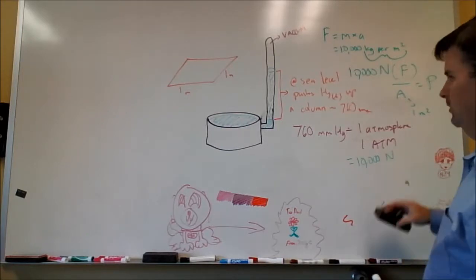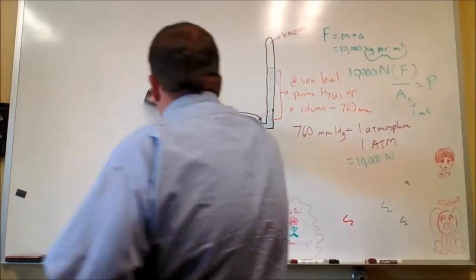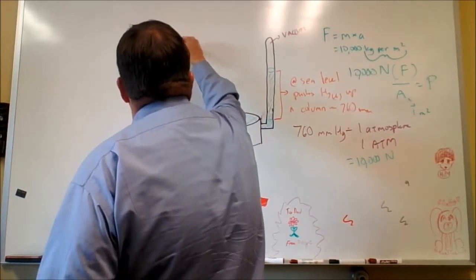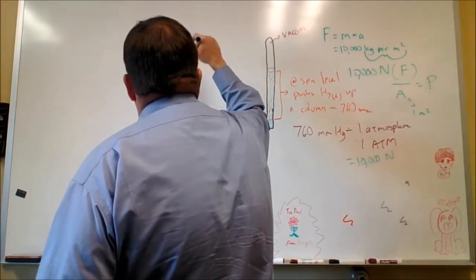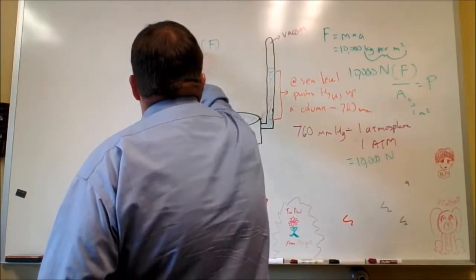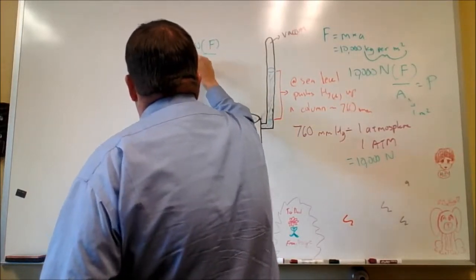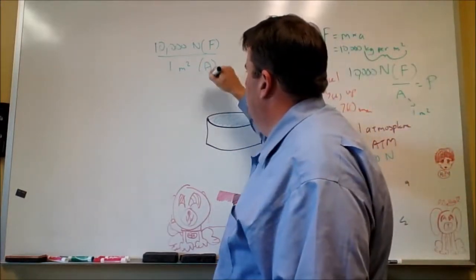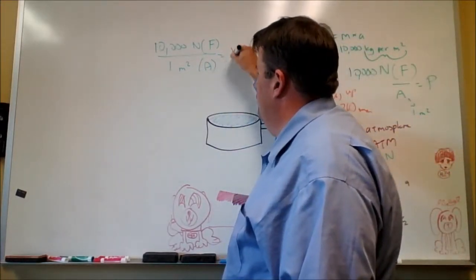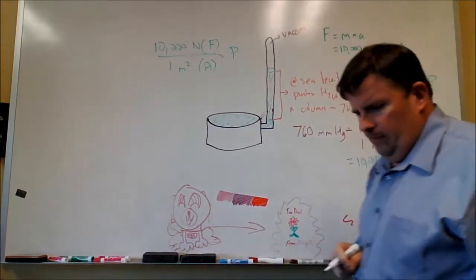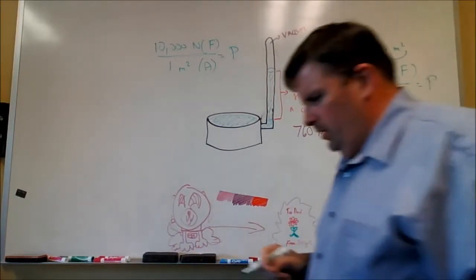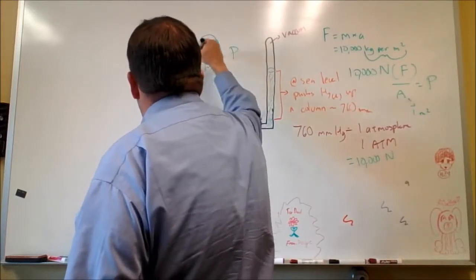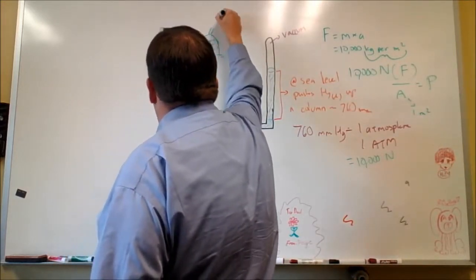And a Pascal is the amount of newtons that we have per area. So we look at this and we say, if we have 10,000 newtons, and this is force, right, over 1 square meter, and that's area, this is going to be our pressure, right? So this unit, force over area, we're going to call a Pascal.